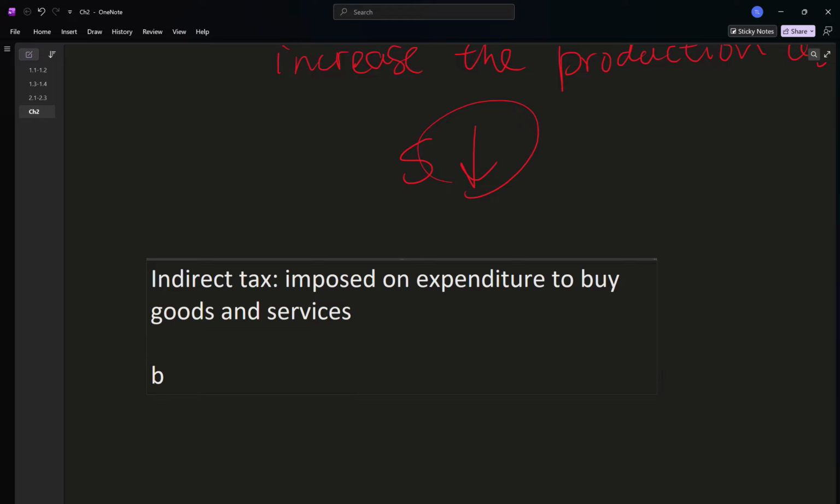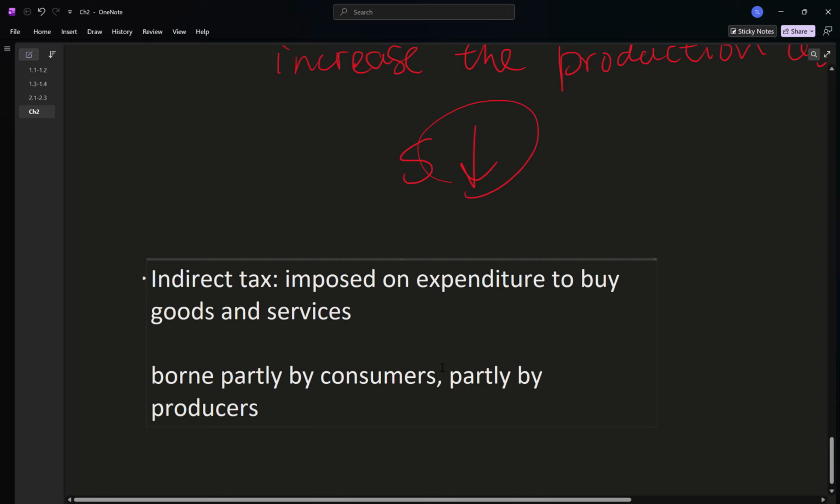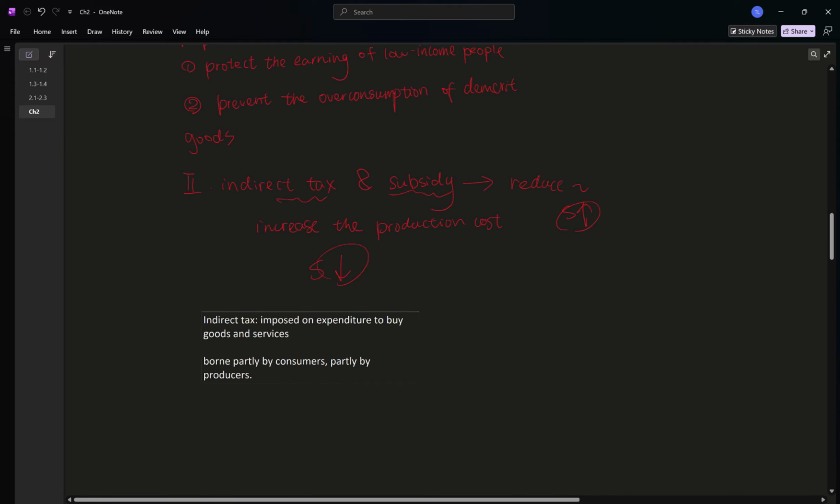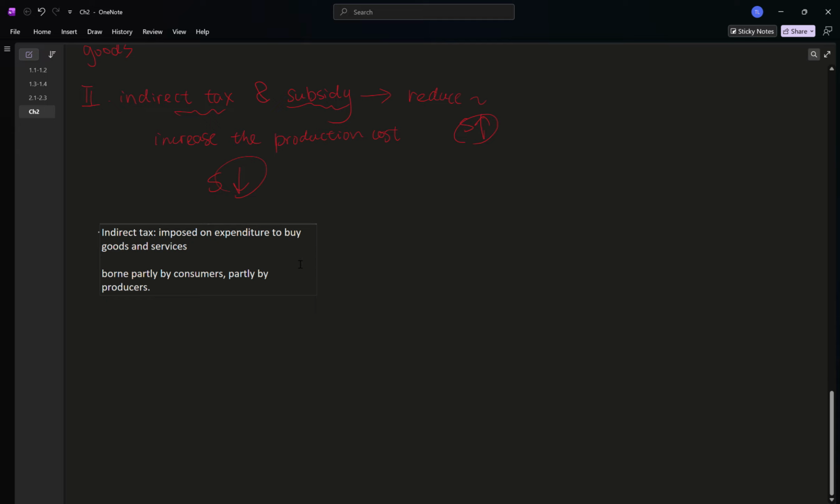We are going to learn that it is paid partly by consumers and partly by producers. This is something we need to know before.